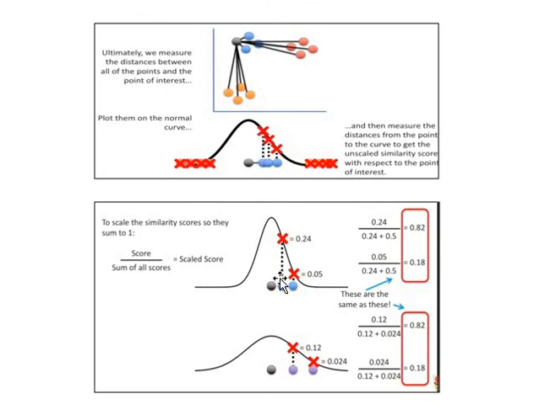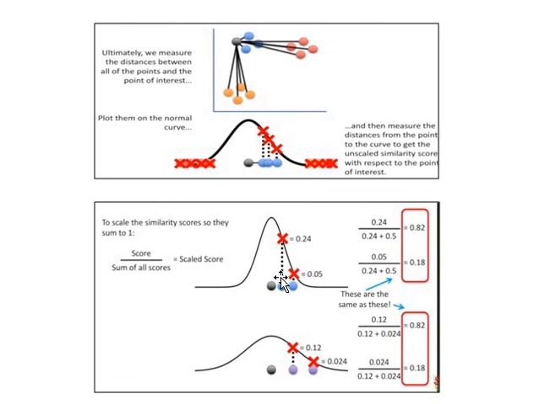When we map it onto the normal distribution curve, the blue data point has probability 0.24. The area under the curve should be 1. Now, how do we calculate the similarity score for that blue data point? It is the score divided by the sum of all scores, that is the sum over all its neighborhood data points. First we calculate the similarity probability for the middle blue data point.